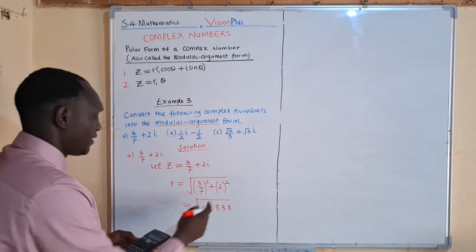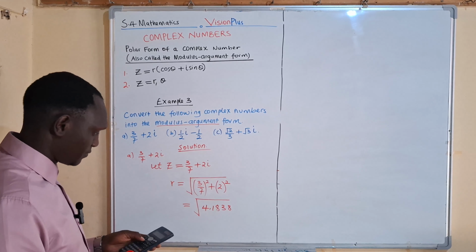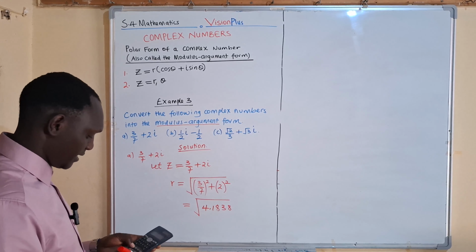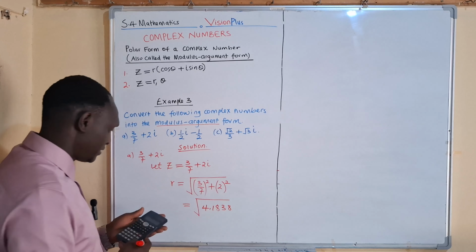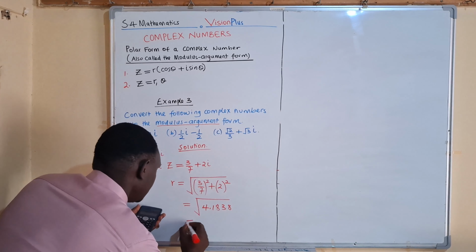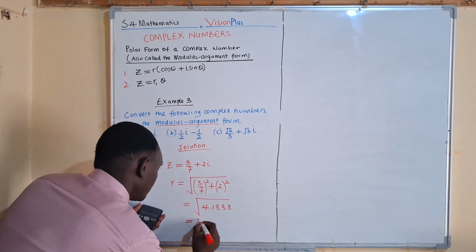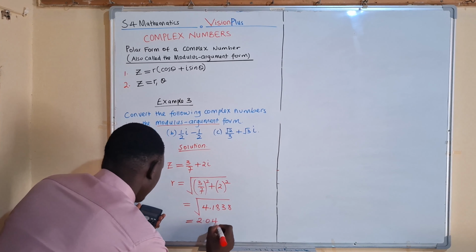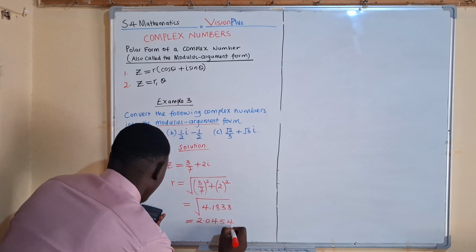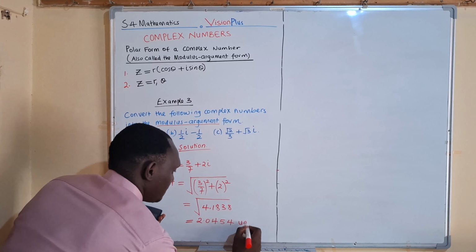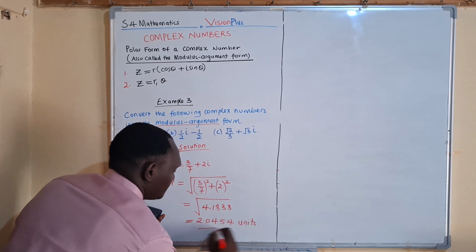Yes. And then you find the square root of this value. Square root of 4.1838, I'm getting 2.0454 units. So this is the value of r.